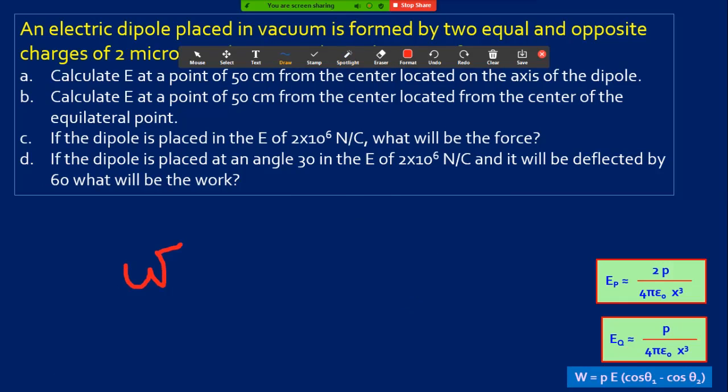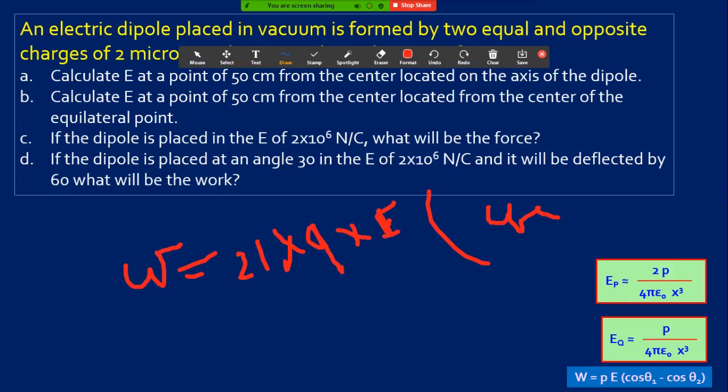W is equal to P, that is 2L × Q, multiplied by E and the difference of cos θ₁ minus cos θ₂. Now putting in these values, you will get the result of the work done. It is very easy to find out this value.